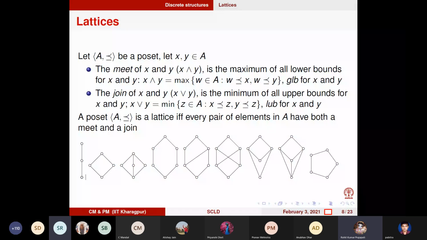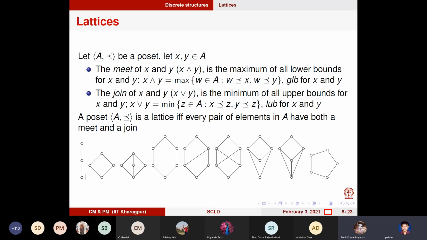Sir, how is the eighth one a lattice? Can you give me an example of a pair of points which does not have a meet or a join? Sir, the last level and the second last level, they have two maximums. Which two points? The lowermost point and the middle point, sir.